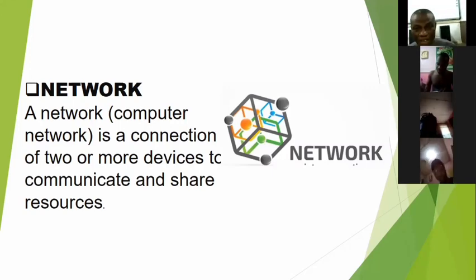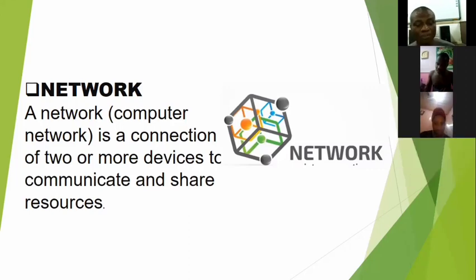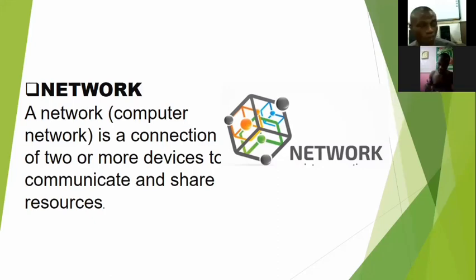So when computers and other devices are interlinked like that too, they are said to be computer networks. So we have computer networks, we have mobile phone networks, but all of them put together, we call them networks. But basically what we are concerned with in this course is computer networks, because the computer is the enabler of other telecom networks.